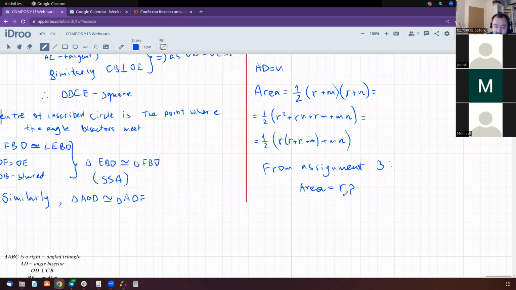Area of any triangle is the radius, r is the radius of the in circle, or simply put, the in radius, and P is the semi-perimeter.